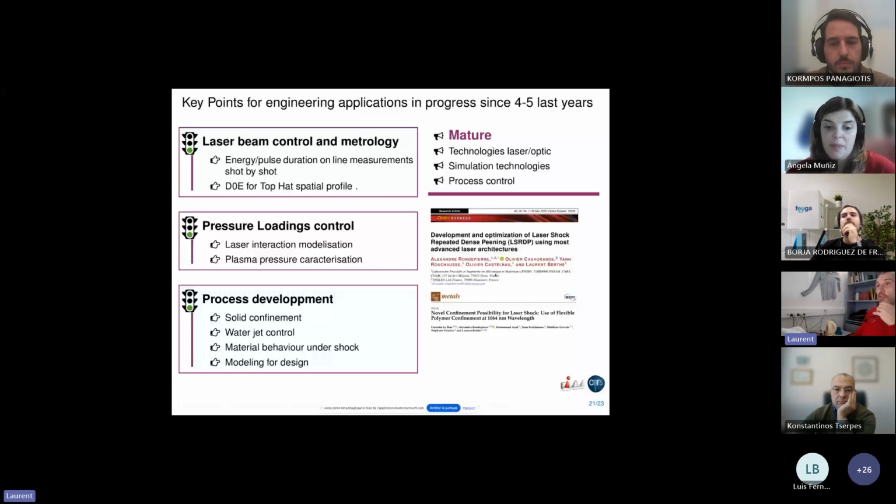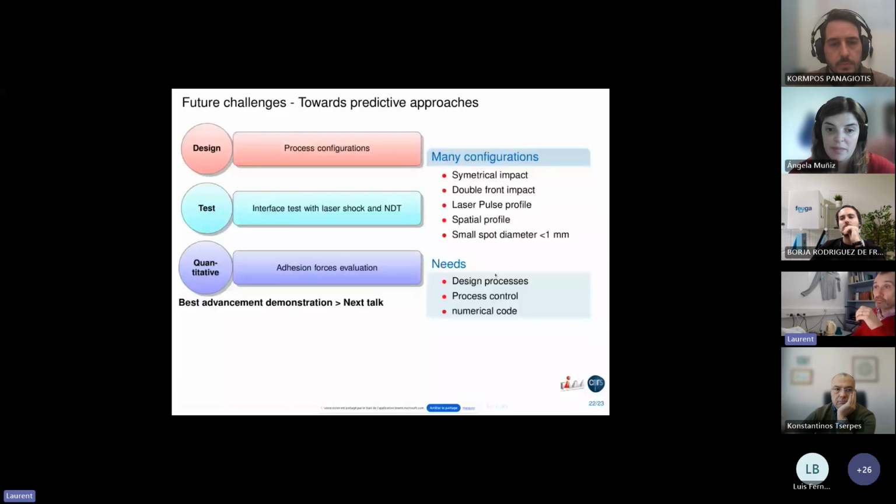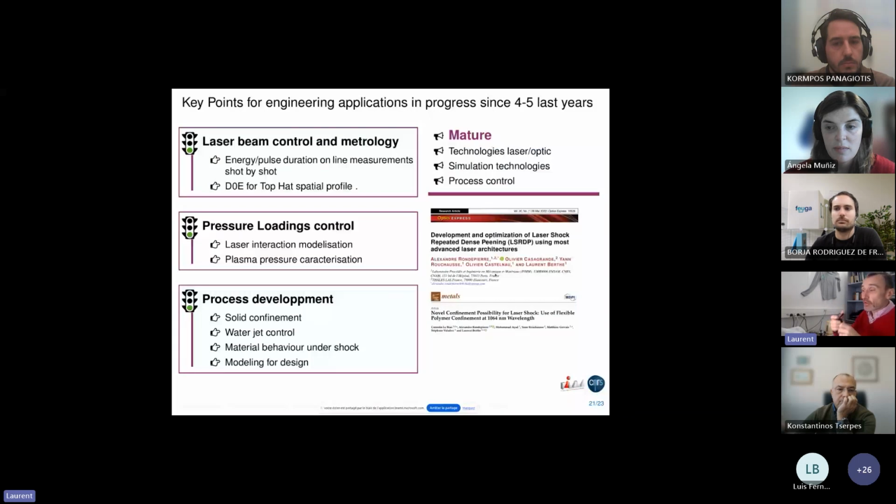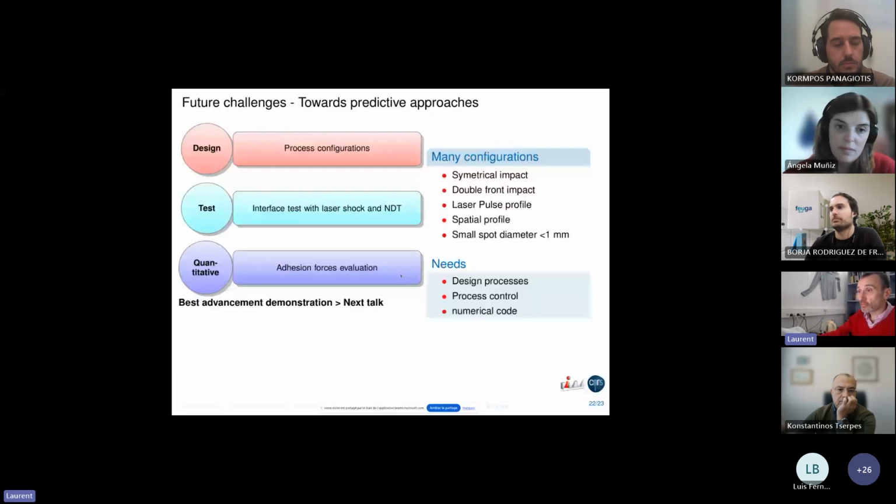Now, what is the future? We need to progress on the design of the process, because we see that we have many configurations, and we need to play with all these parameters and configurations to adapt the process to the applications. In the end, we need to implement more precise parameters concerning the interfaces and adhesion forces as functions of material properties, and in relation to the end of life of materials.